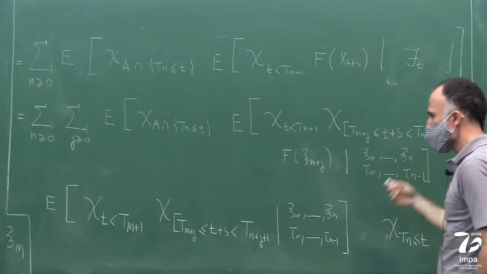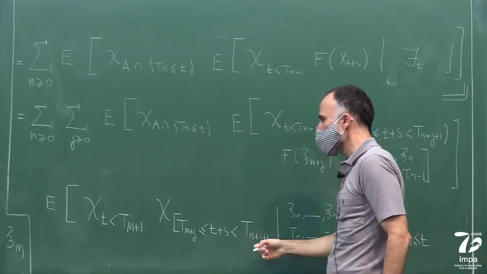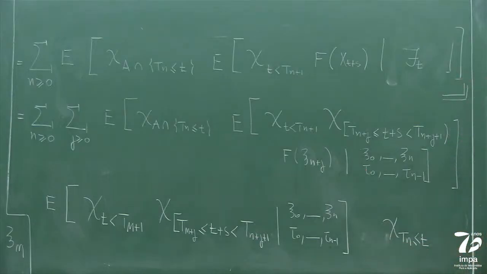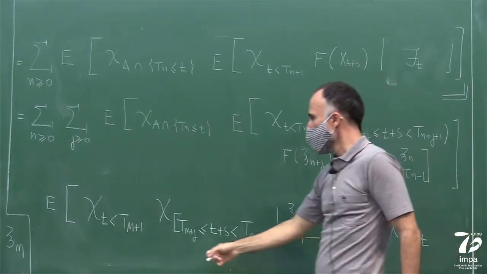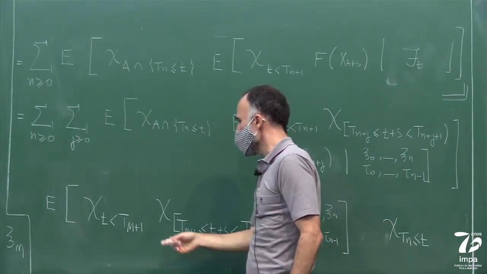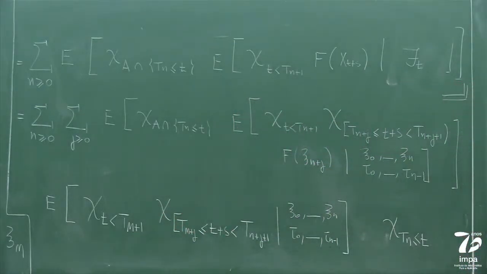And now to compute this conditional expectation, we'll proceed just as we computed the previous conditional expectation. So we will just rewrite tn in terms of the variables tau.